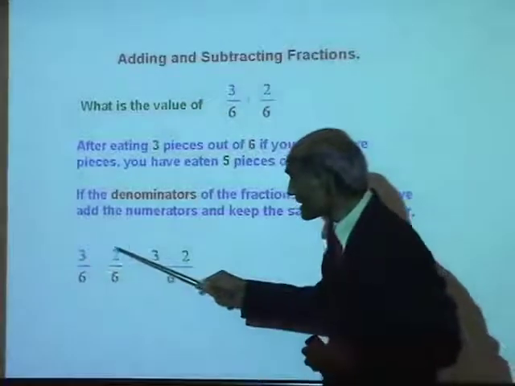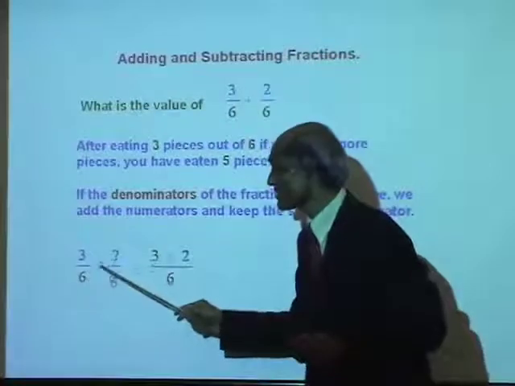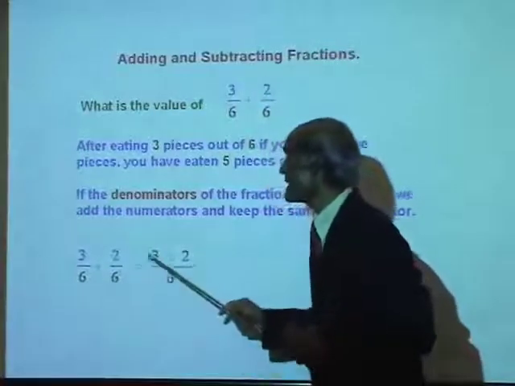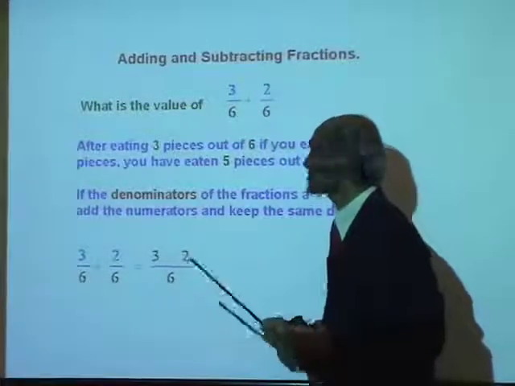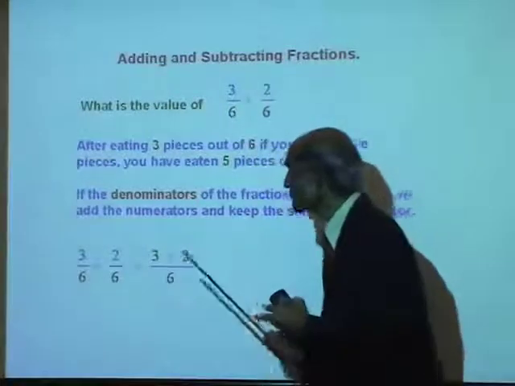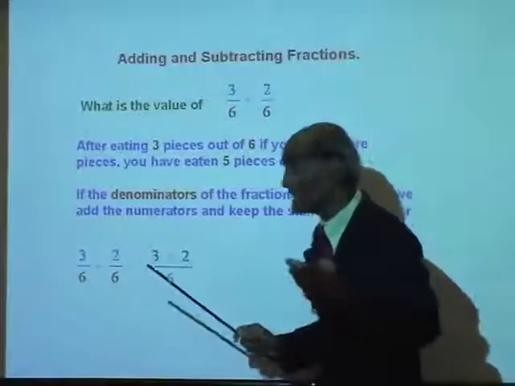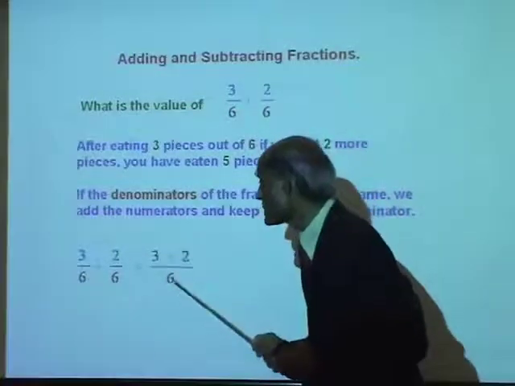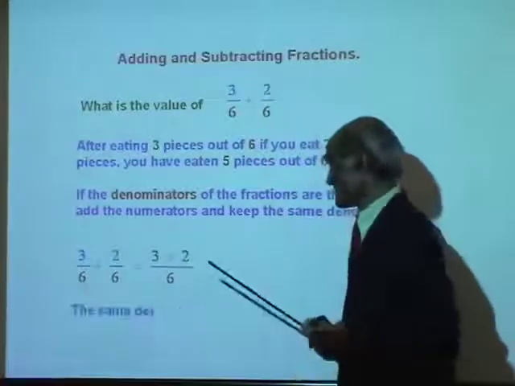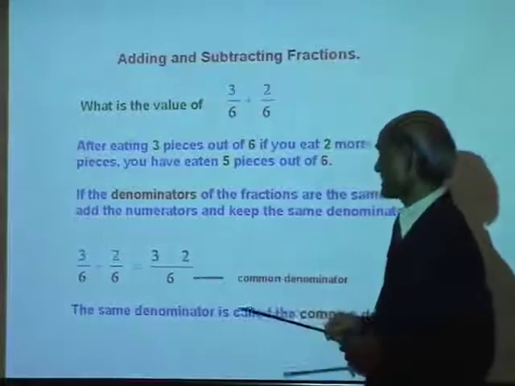And the numerator is the sum of the two. So 3 over 6 plus 2 over 6 is 3 plus 2 over 6. You see? Eating 3 pieces out of 6, and then eating another 2 pieces out of 6, is the same as eating 5 pieces out of 6.